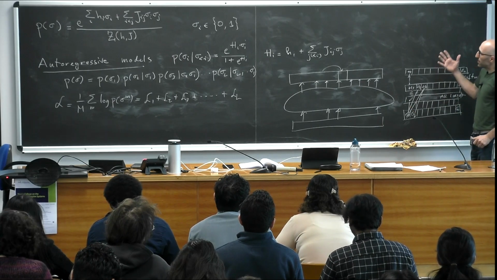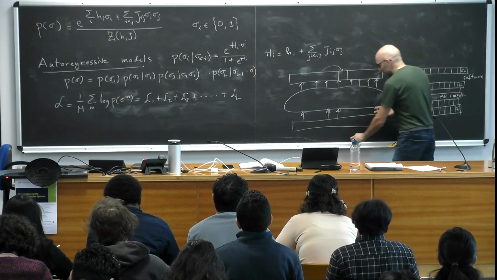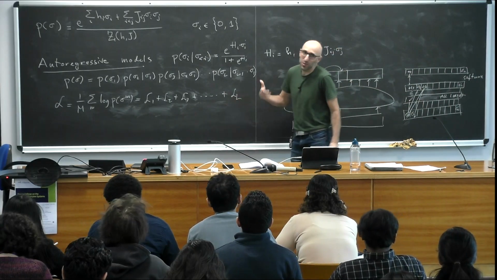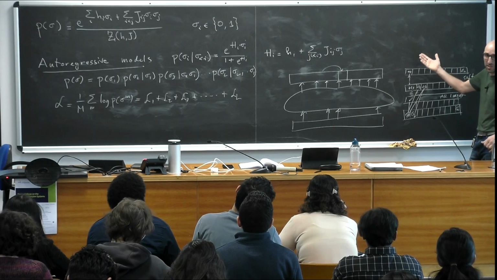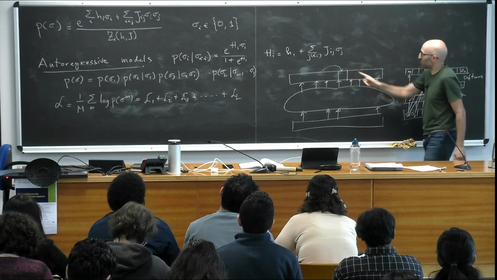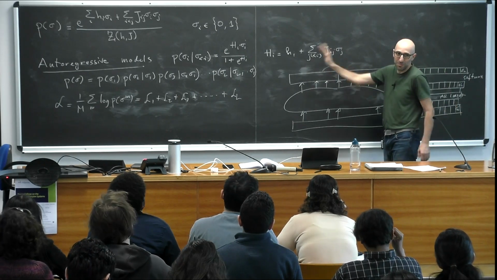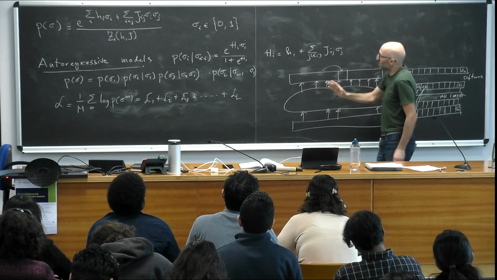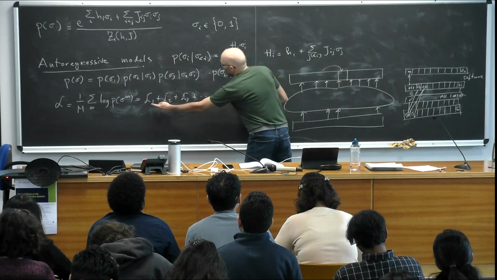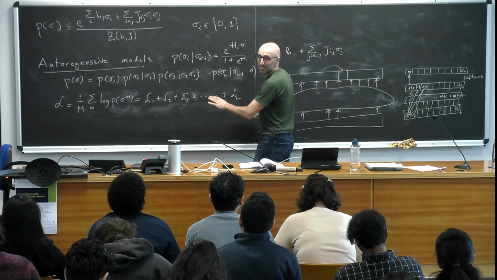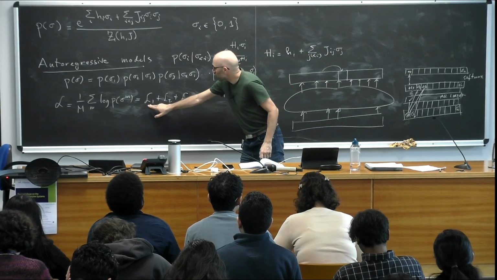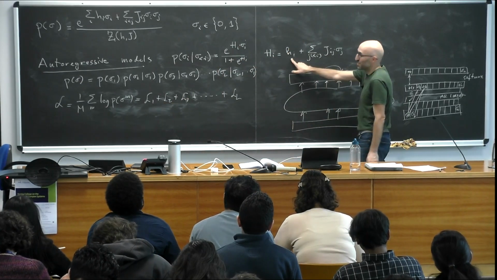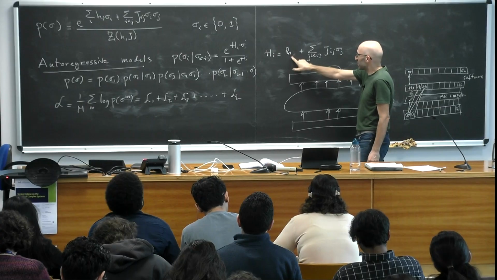Okay? When you train this by maximum likelihood, when you maximize the likelihood, you get equations that are very similar to the ones of pseudo likelihood, with the only difference that these sums are only on the previous ones. And you see that each of these likelihoods in this architecture depends on different parameters. So the first one depends on small h1.